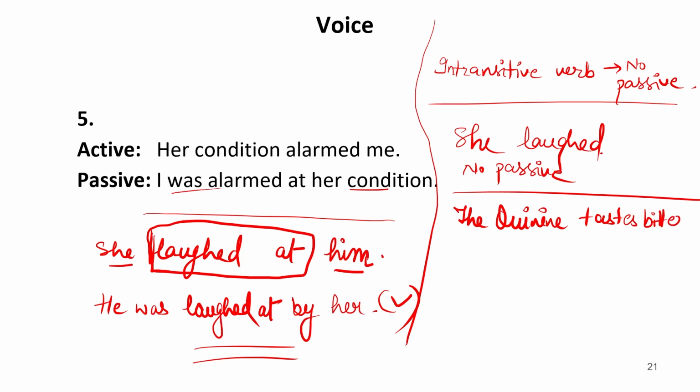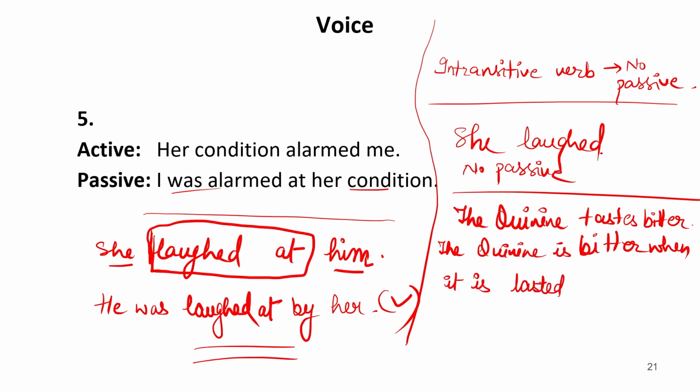Now to convert this type of sentence into passive voice, whenever the taste or smell or something is given about something, when some complement is given, this type of sentence can be converted into passive voice like "The quinine is bitter when it is tasted." So this will be the correct passive of such a sentence.